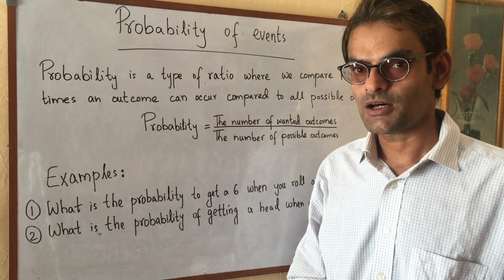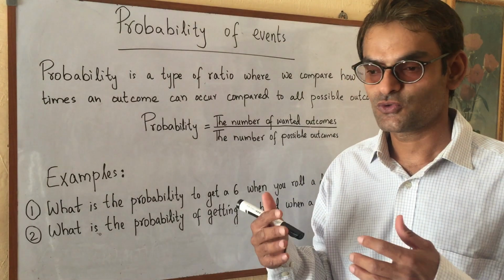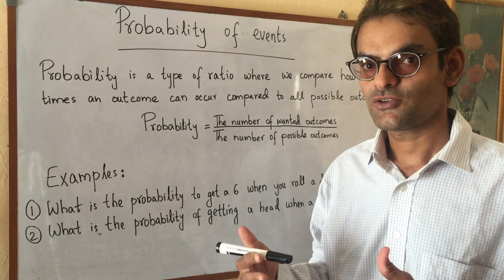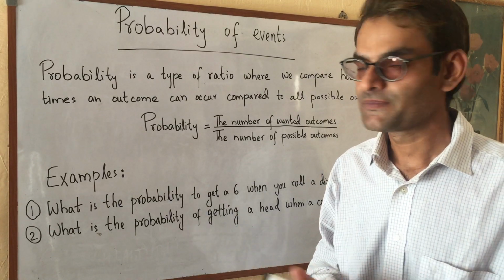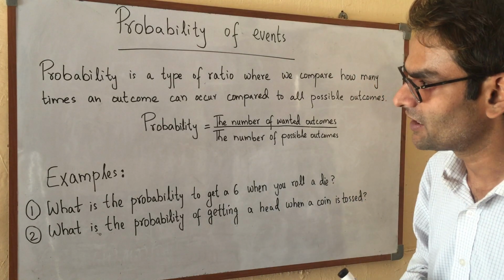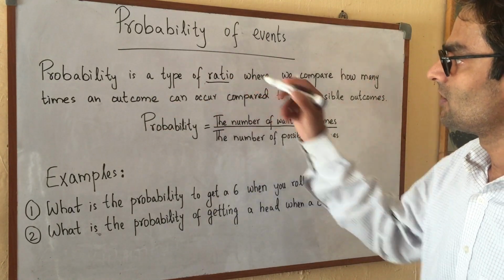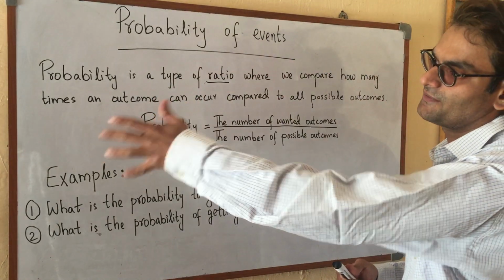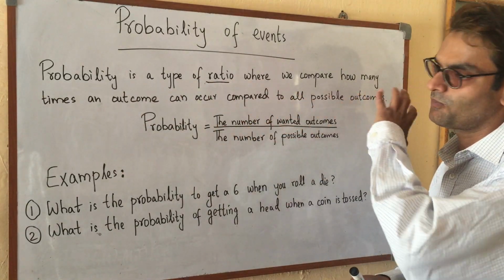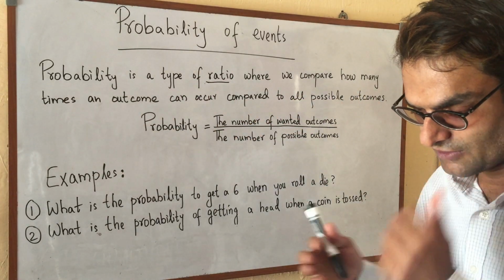So, by the way, what's the probability? It's hard to define formally. But anyway, an informal definition is that probability is a type of ratio where we compare how many times an outcome can occur compared to all possible outcomes. Okay, this is informal.